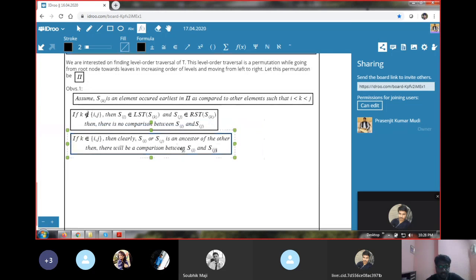if one of them is ancestor to the other, and we have assumed that sk is an element occurred earliest in pi. So combining this statement and the last statement, we come up to an observation.